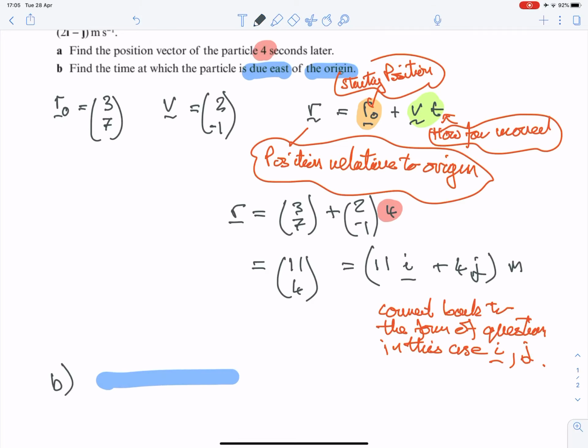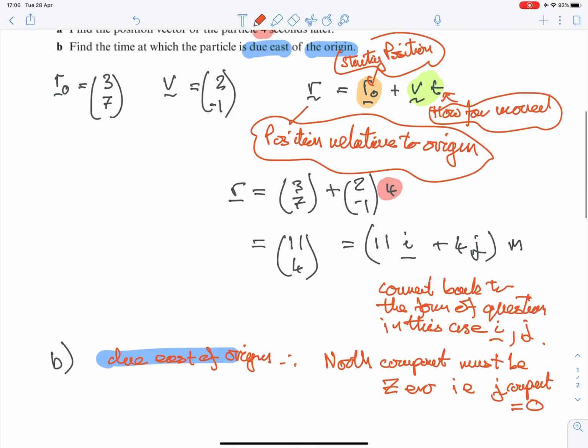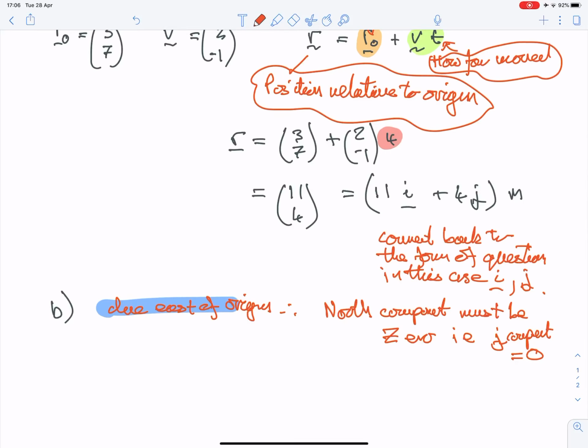Therefore, for it to be due east of the origin, the northerly component must be 0, i.e. the j component equals 0.